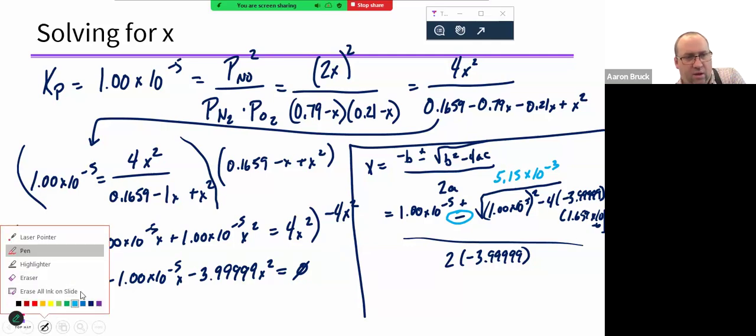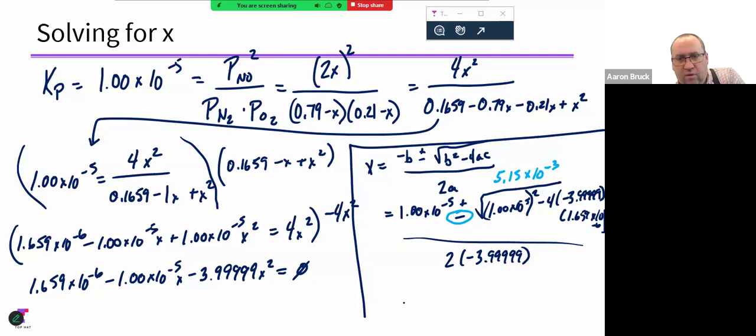And from there, we would calculate an x value of 6.4 times 10 to the negative fourth atmospheres.